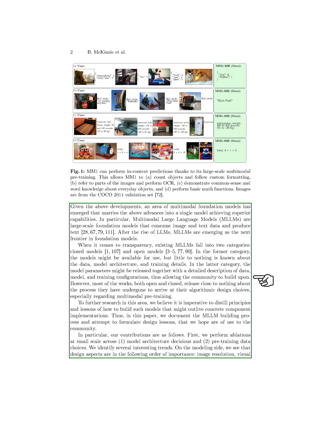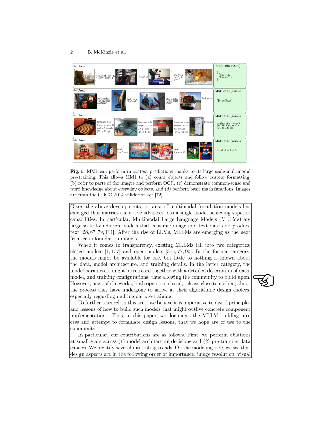We explore the importance of model architecture decisions and pre-training data choices, highlighting the significance of image resolution, visual encoder loss, and pre-training data types in achieving superior performance, even after supervised fine-tuning, SFT, and scaling up to larger models. Our findings showcase that our MLLM model, MM1, outperforms existing benchmarks in tasks like captioning and visual question answering, demonstrating the effectiveness of our design principles in creating competitive models at scale.